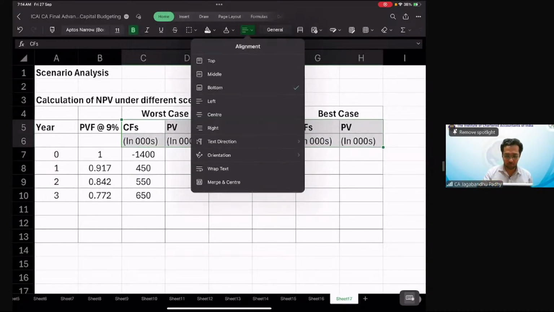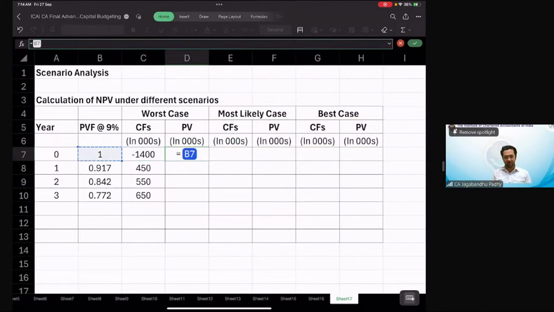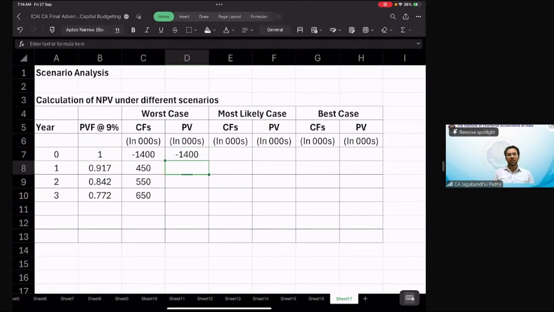Now we have to get the present values of them. We know how to get the present value. It is simply the present value factor multiplied by the cash flow. So that's 1400 in the 0th year.